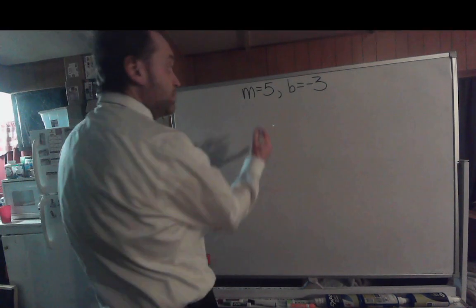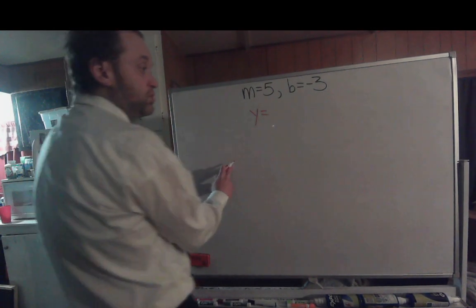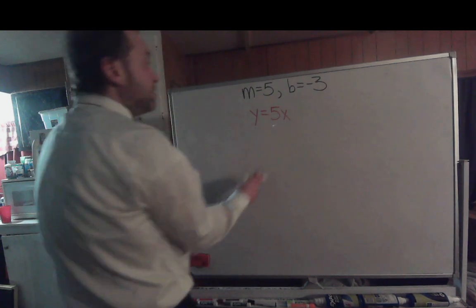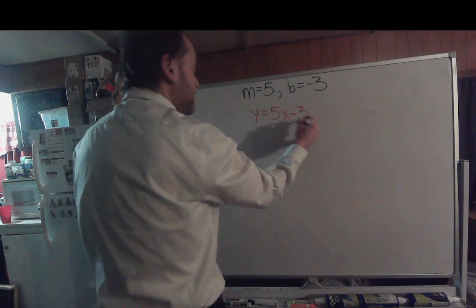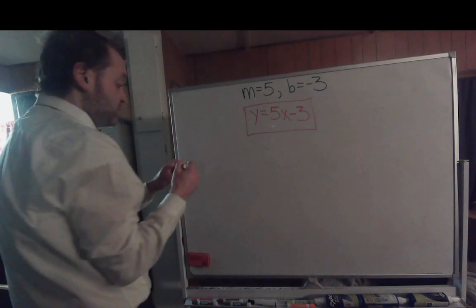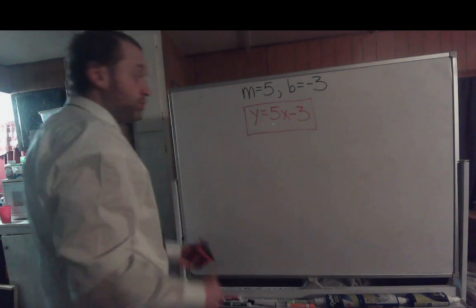Well, y equals mx plus b, so you'll take y, set that equal to your m, which is 5 times x, plus your b of -3. So the equation of the line you're looking for is going to be y equals 5x minus 3. Really pretty simple. If you already know the slope and the y-intercept, you just plug and play. It's real easy.